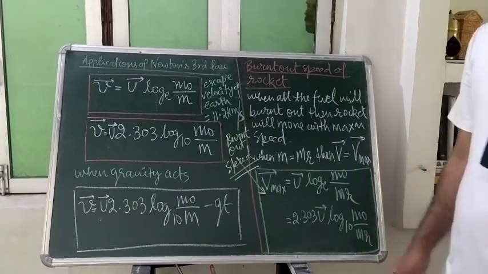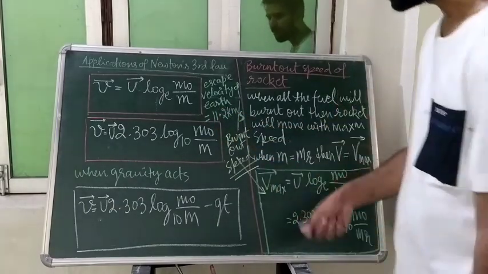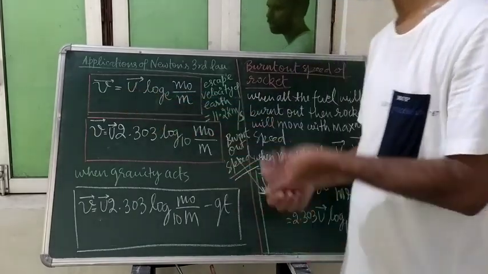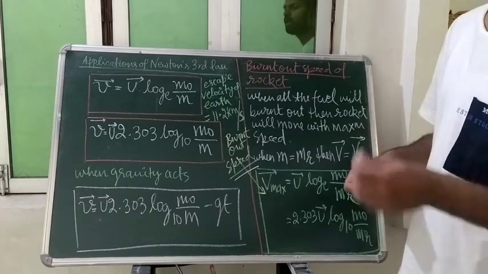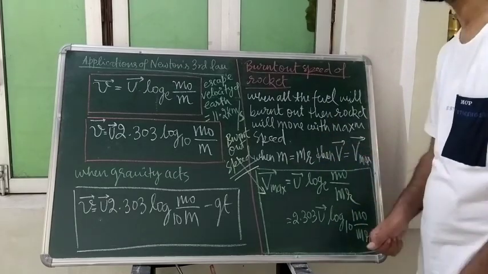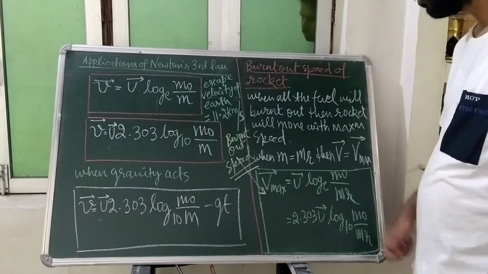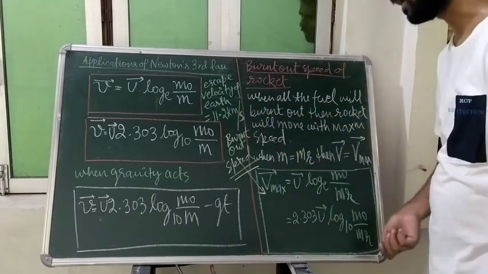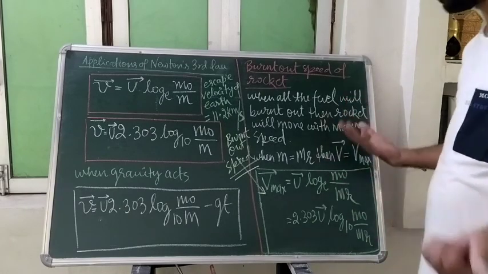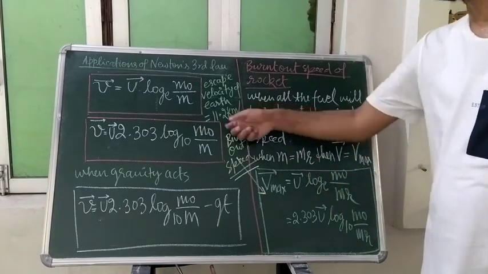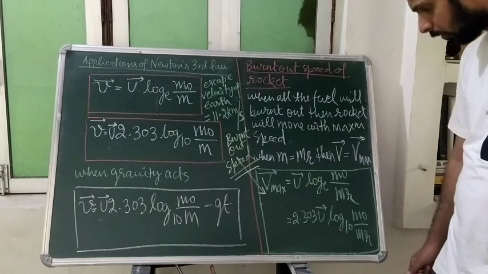Getting? 11.2 kilometer per second. If you provide the escape velocity to that rocket, it will go. The gravity effect will not act on it, and it will move out of the Earth. So you will remember this. They can ask you this problem as well, and in so many exams you will find that it is important for you. So up to here for today.